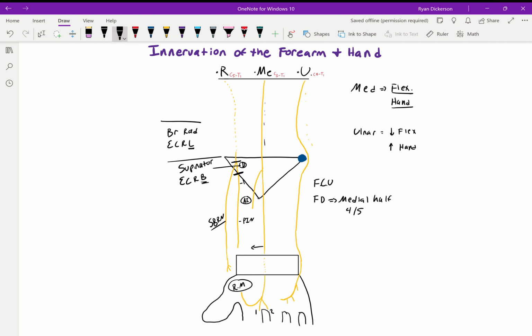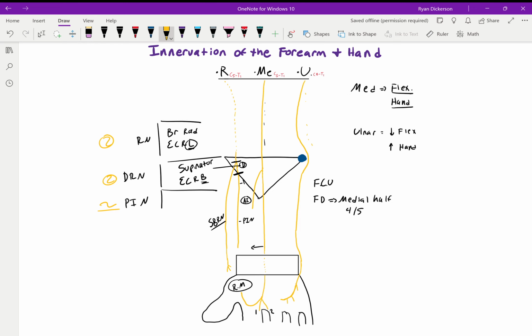Okay, so I think about this as the brachioradialis and extensor carpi radialis longus specifically are innervated by the radial nerve. Then we get the deep radial nerve innervating the supinator and extensor carpi radialis brevis. Then all the other muscles in the extensor compartment of the forearm are innervated by the posterior interosseous nerve. So I think of this as a pair of 2, and then everything else. Okay, so that's the general pathway of the radial nerve.